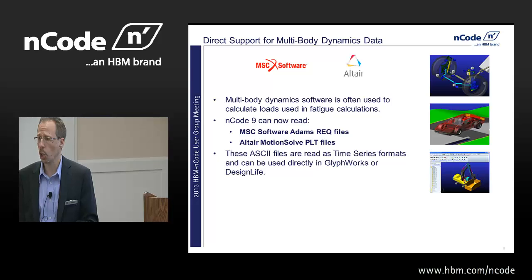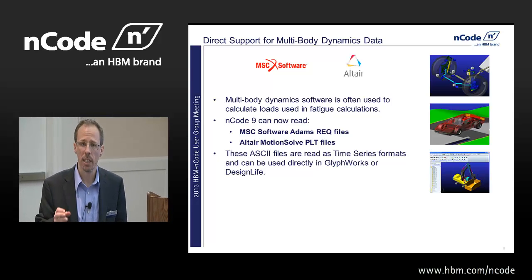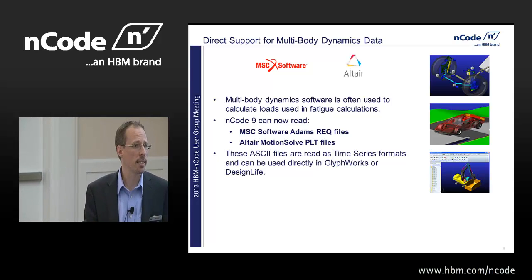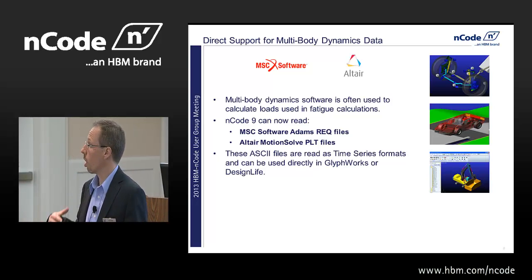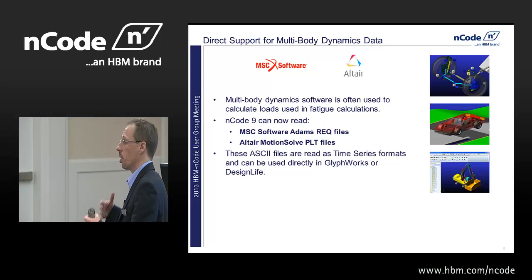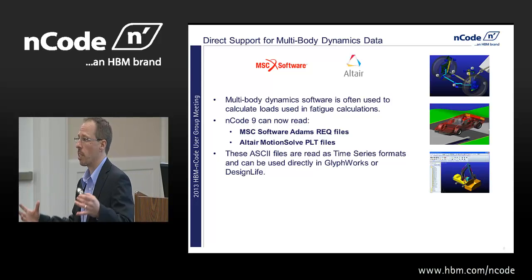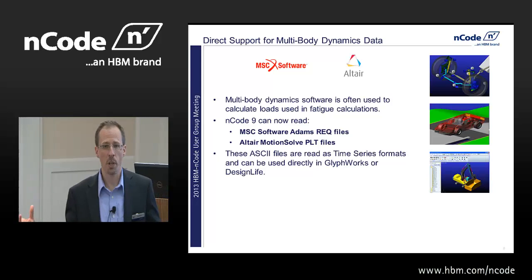One thing we added at version 9 is direct reading of data out of multi-body dynamics simulations. Multi-body dynamic simulation is a CAE code that is actually solving F equals MA.